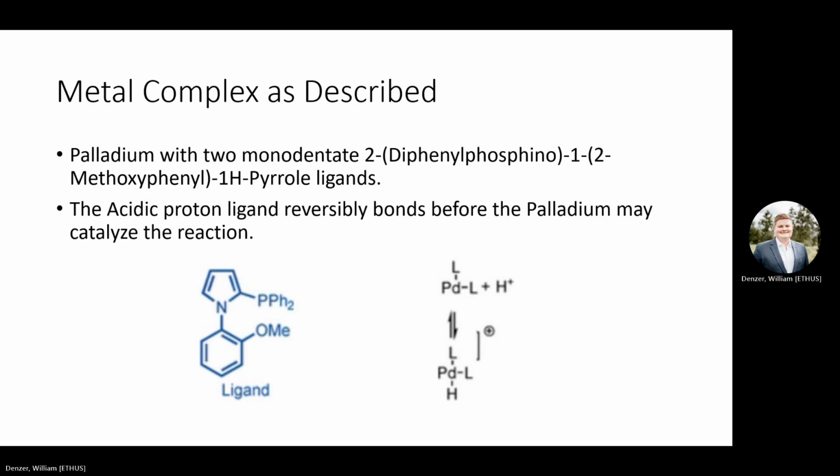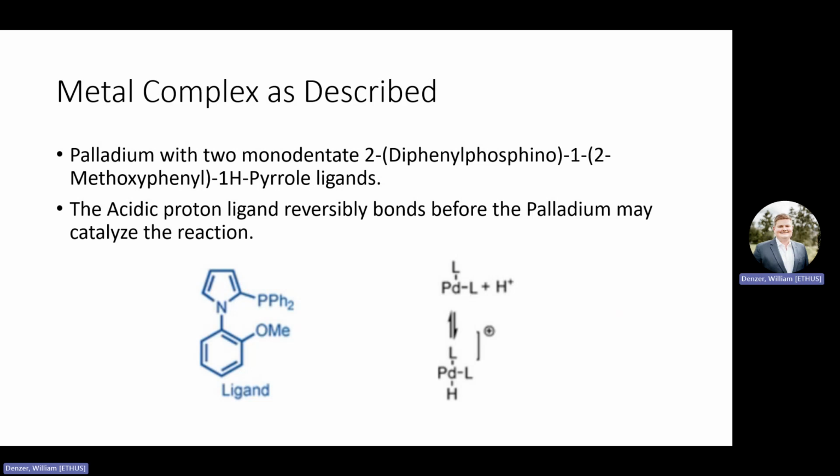Prior to being able to catalyze the reaction, first, the two ligands add to the palladium in a dative or coordination covalent bond, which means that the lone pair on the phosphorus of this ligand acts as a Lewis base and forms a bond with the palladium, two of them.